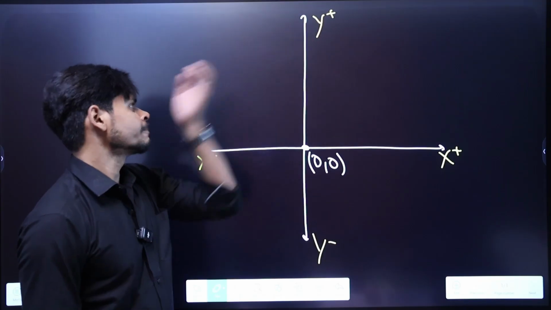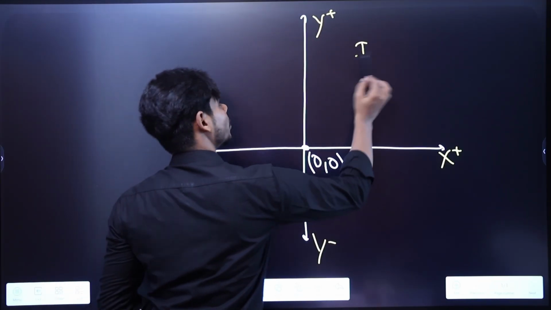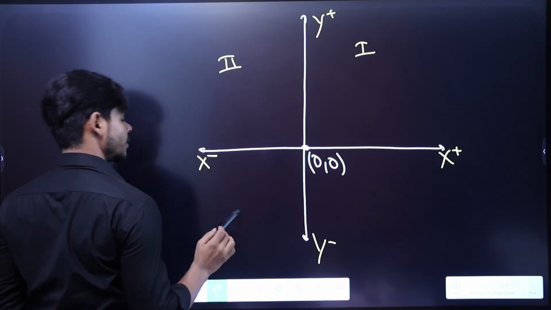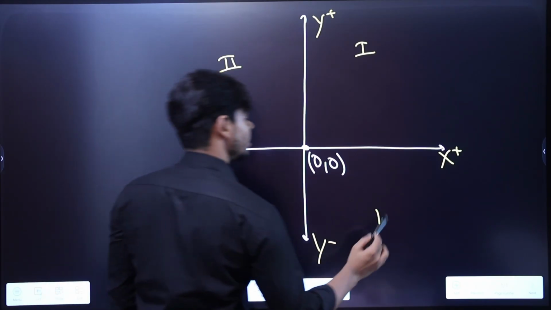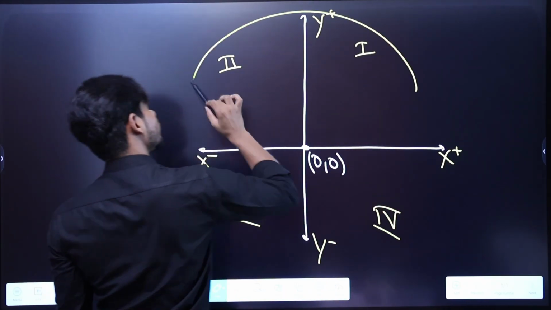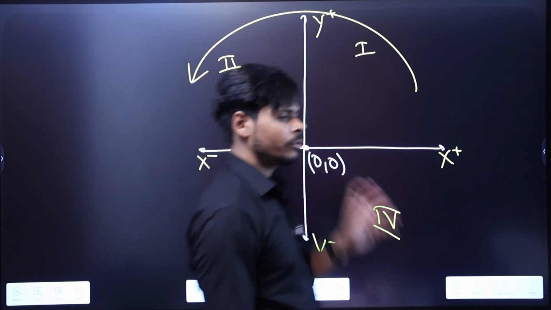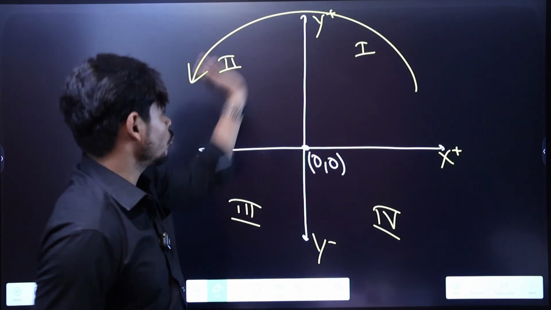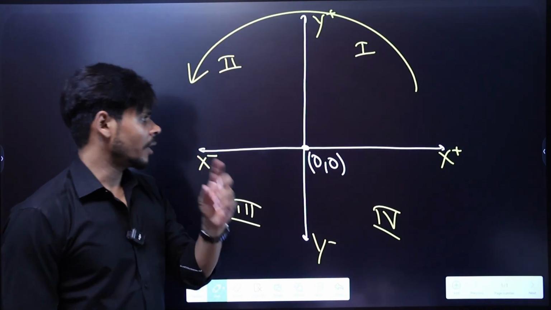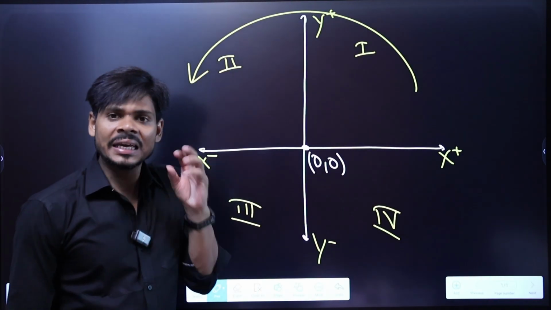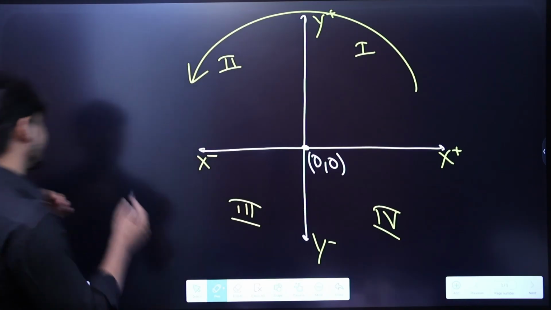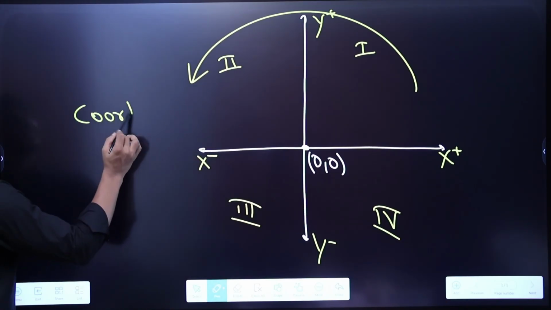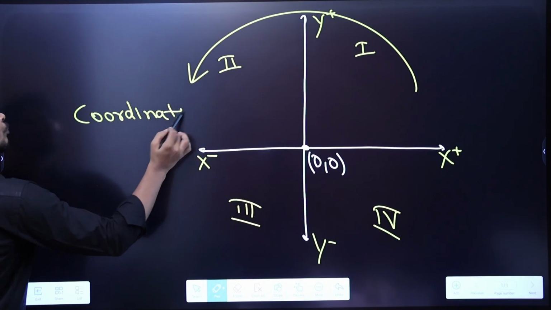Got it? Okay, fine. This one is your first quadrant, this one is your second quadrant, this one is your third quadrant, and this one is your fourth quadrant. We always count the quadrants anti-clockwise: first, second, third, fourth. Now, if we have any coordinate, sometimes we also say it as a point.